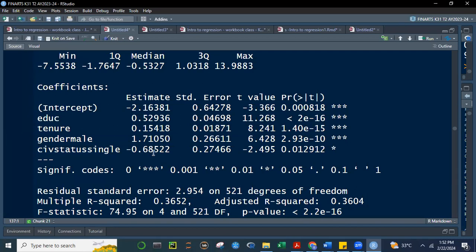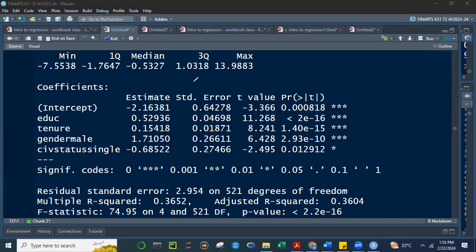And then minus 0.68 times civil status, plus your error term. So it's very important for us to understand what this means. For education, class, it means that for every 1 year increase in education, there's a corresponding $0.53 average increase in hourly wage, assuming that all the other parameters remain the same.